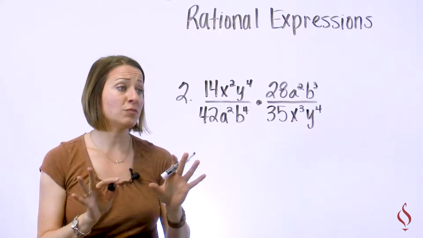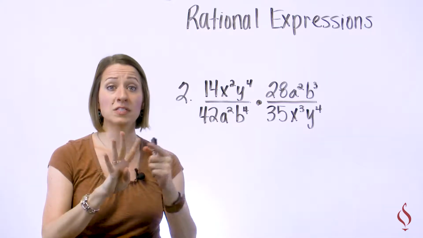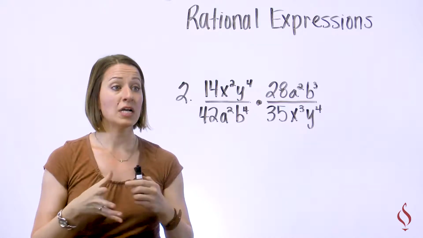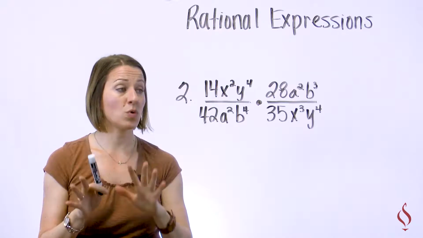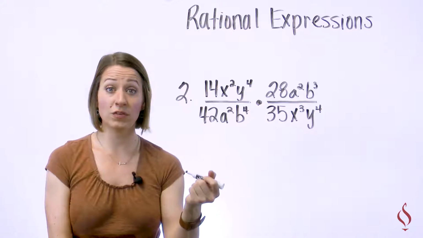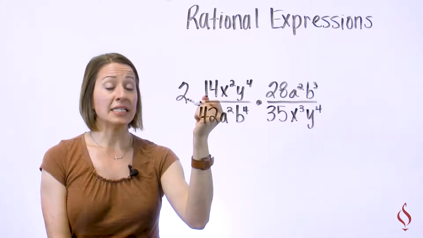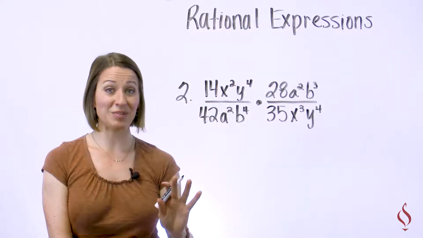Now there's a lot of moving parts here, guys. There's 4 different letters: a, b, x, y, and there's coefficients. So I want you to take this problem really slowly and just do one thing at a time. Let's first focus on the coefficients. And remember, as long as one is in the numerator and the other is in the denominator, you can simplify.